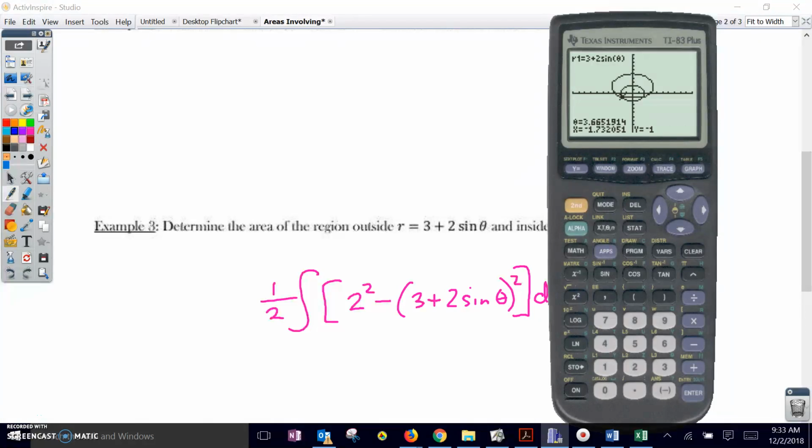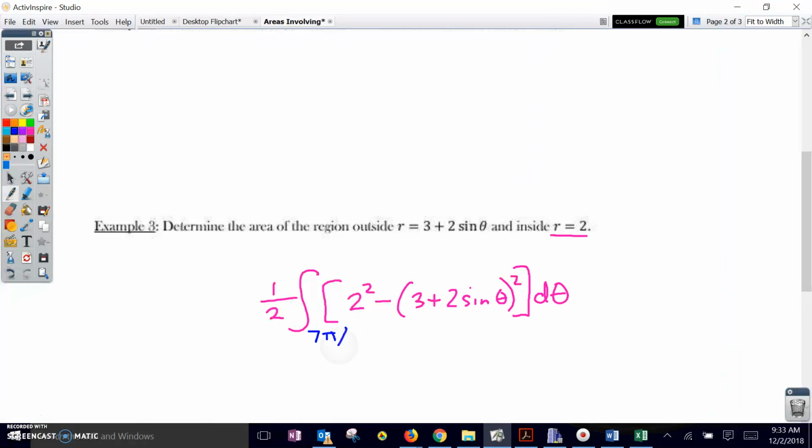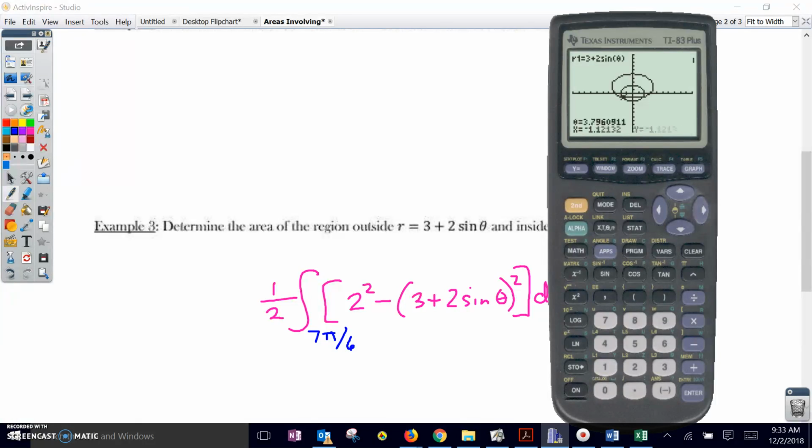They intersect right here at 3.6651914. So that's going to be 7 pi over 6. We actually found these intersection points in the last example. And the other intersection point is over here at 11 pi over 6.